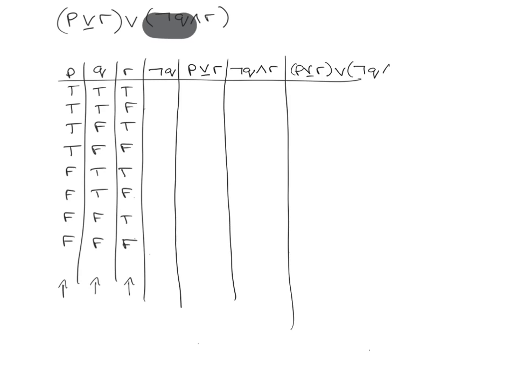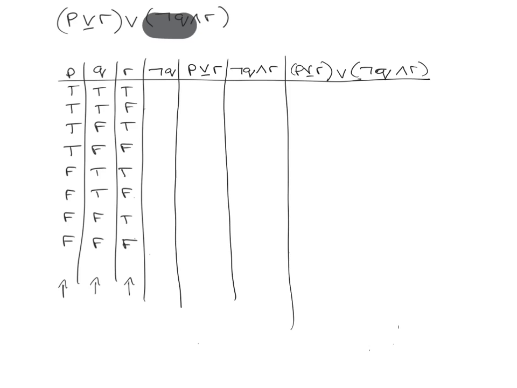So what we're doing is we're breaking it down step by step. Sorry, I put an 'and' in there, not an 'or'. So breaking it down step by step until we can come up with a truth table for the final statement.